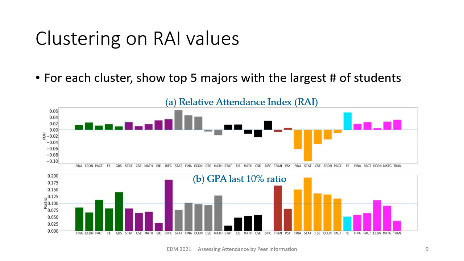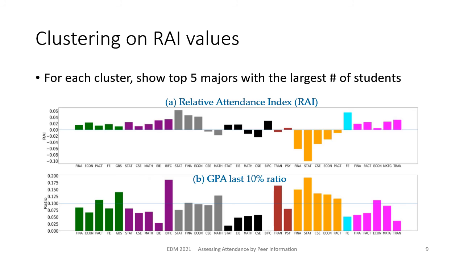One interesting phenomenon is that within each cluster, the major with the highest RAI value has the lowest last 10% ratio. There is only one exception though. In the second cluster, the major with the lowest last 10% ratio has the second highest RAI value.